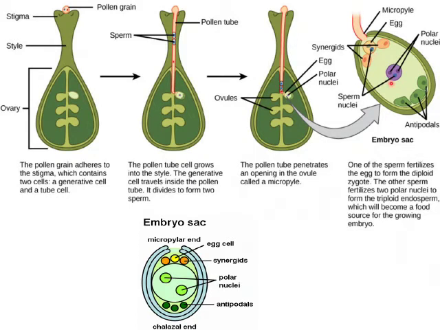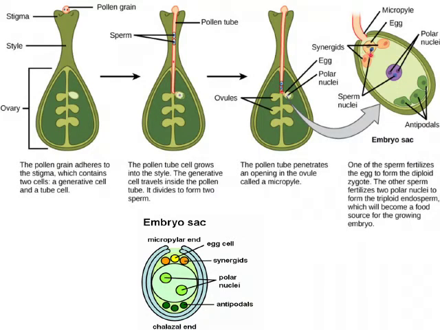The second fertilization occurs here. Here you can see one male gamete and two polar nuclei. Now these two polar nuclei fuse with the sperm nuclei and they give rise to endosperm. Since there are three nuclei here, it is called triploid, or endosperm. This is the second fertilization.